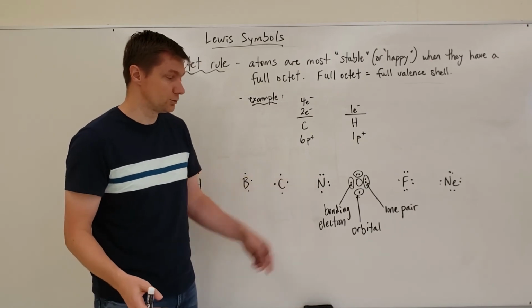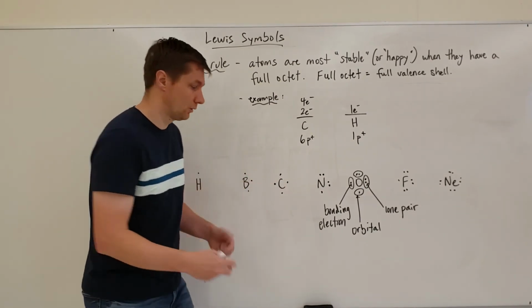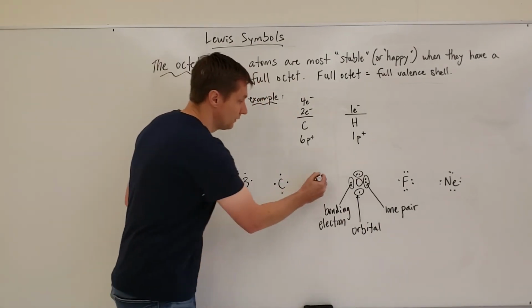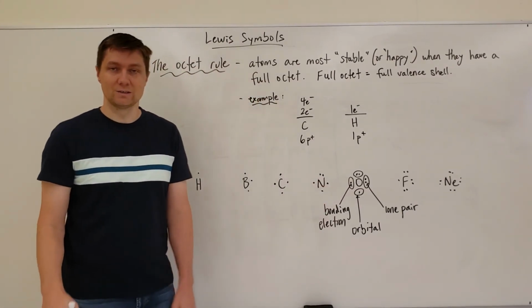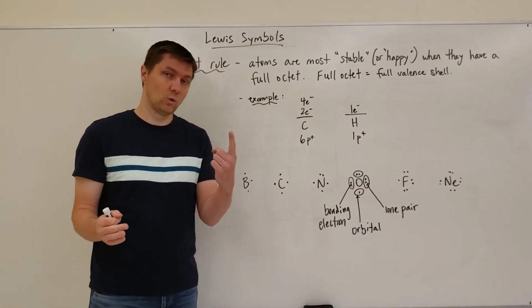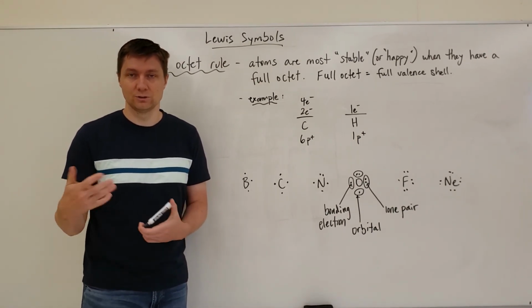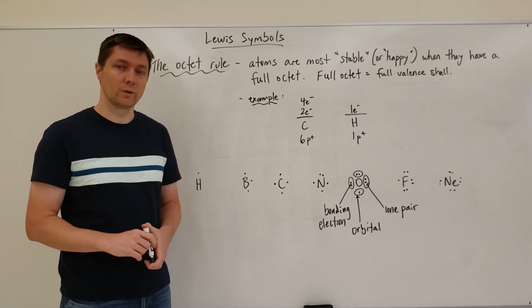Here, this diagram shows that nitrogen has 2 lone pairs and 1 bonding electron, when in fact, when we draw the diagram correctly, nitrogen has 3 bonding electrons and 1 lone pair. And that's going to affect our understanding of how nitrogen works and behaves when it does covalent bonding with other atoms.